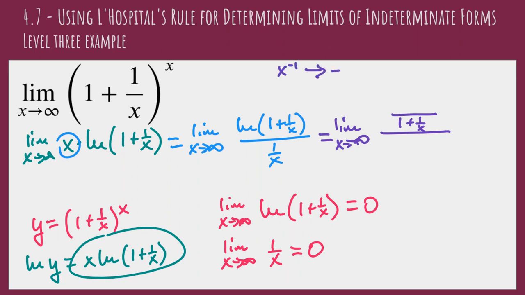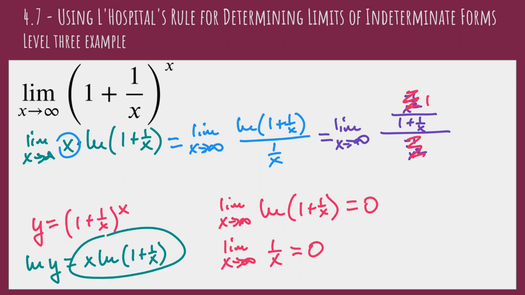So the derivative is going to be negative x to the negative 2. So it's going to be negative 1 over x squared that we multiply by. On the bottom, we have that 1 over x, so the derivative is the negative 1 over x squared there. And just doing a little simplifying, these are going to cancel each other out, and we get a 1 there.